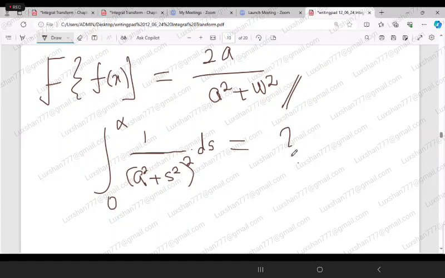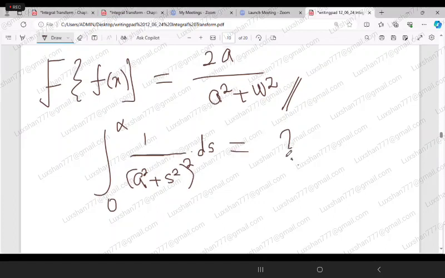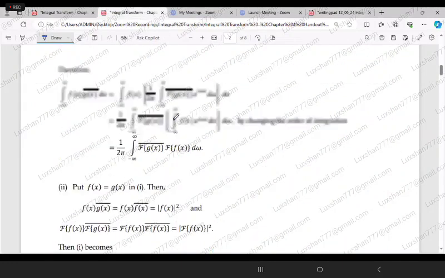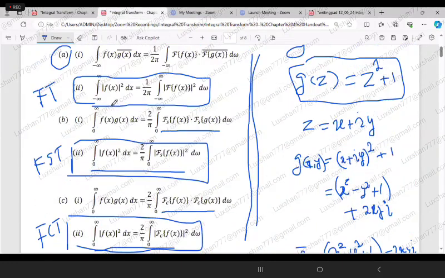For this one, we are going to use the Parseval identity. I'm going to use this one because I have a square here. The Parseval identity says the integration from minus infinity to plus infinity of mod of the Fourier transform of f(x) squared d omega, times 1 over 2 pi, is equal to this one.